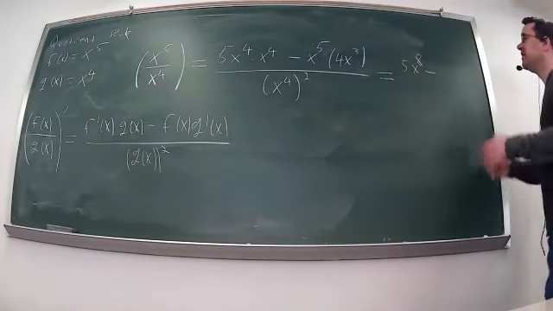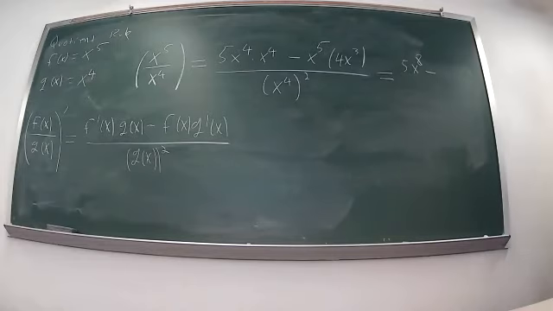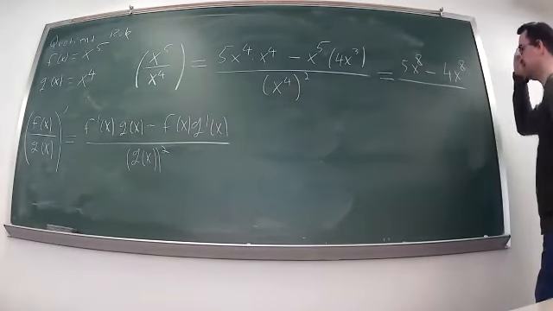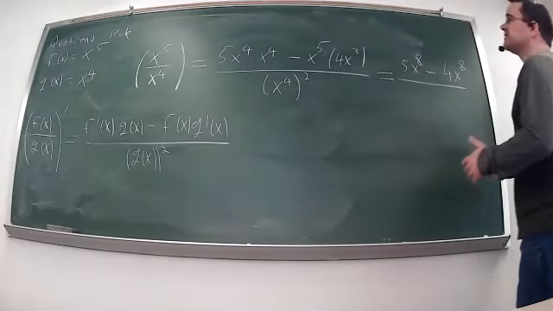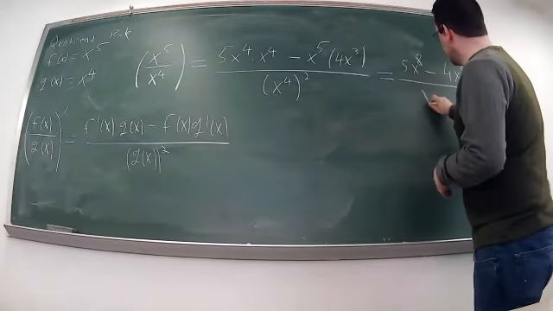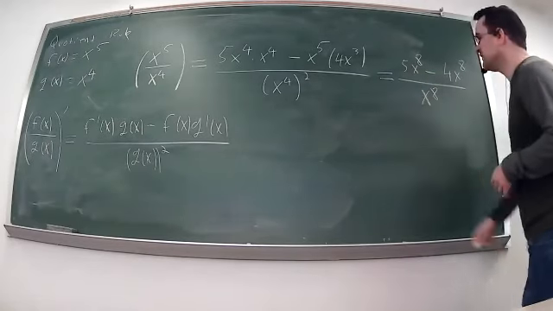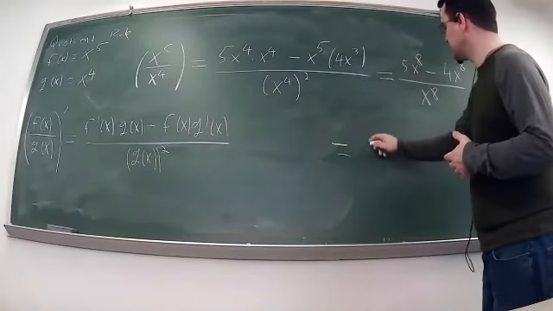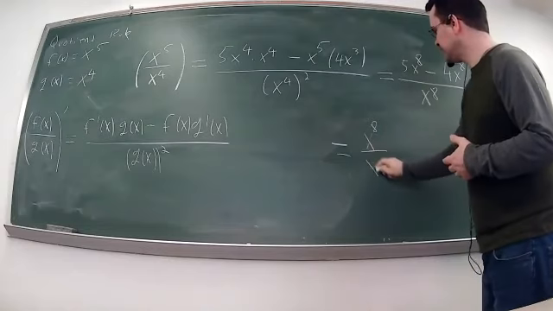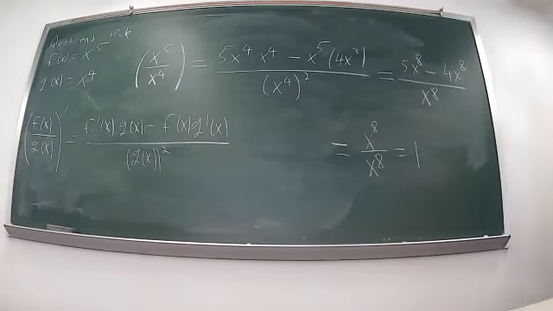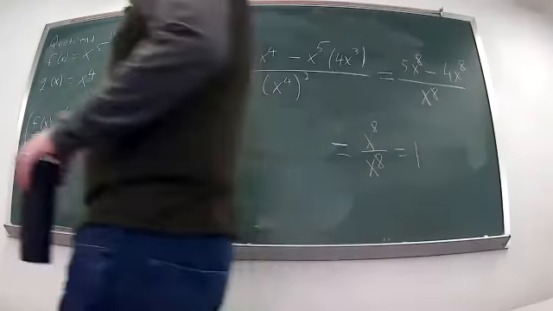I'm subtracting now, x to the fifth times x to the third, that's x to the eighth, so I get 4 times x to the eighth, and now I'm dividing by x to the fourth squared, so when you have an exponent raised to another exponent, you multiply 4 times 2, of course, 8, giving me x to the 8th. So that gives me 5 minus 4 is 1, so that gives me x to the 8 over x to the 8, which is equal to 1. So it does indeed give us the answer that we expect.